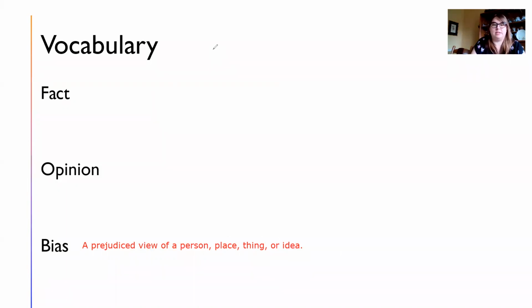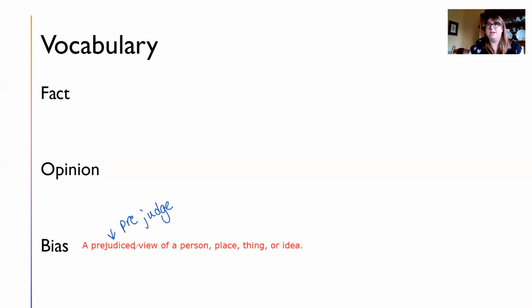So we want to first start by talking about the word prejudiced here. Prejudice literally means to prejudge. So if you are prejudging something or someone, it means that you are coming up with an opinion or an idea about that person, place, thing, or idea without really having any good context, meaning that you're just saying it because maybe you heard someone else say it or you saw it and immediately thought it was true.